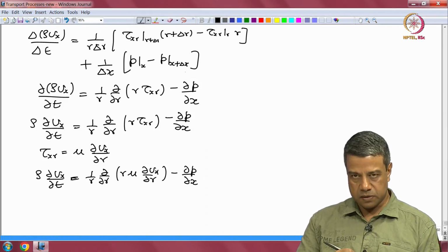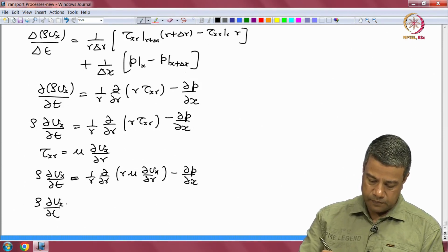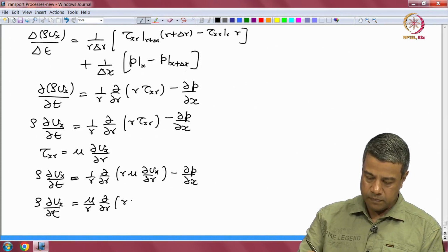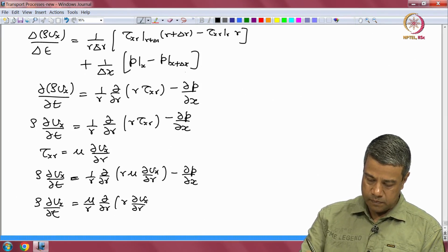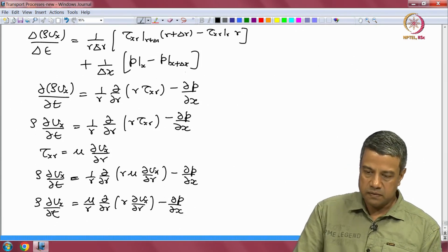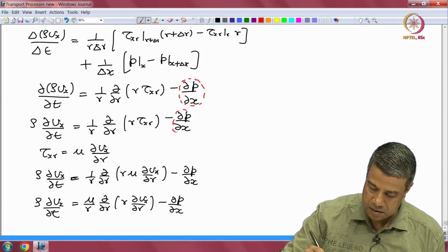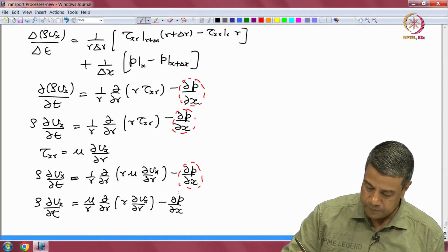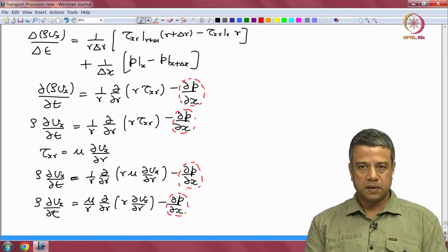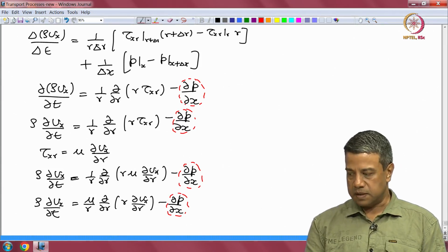And if the viscosity is also a constant, then you can take it out. So, this is the momentum conservation equation for a pressure driven flow, and the other additional term here is the pressure variation in the x direction. So, this is the additional term that appears for a laminar flow when there is a pressure gradient.